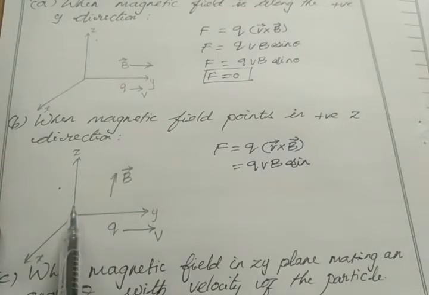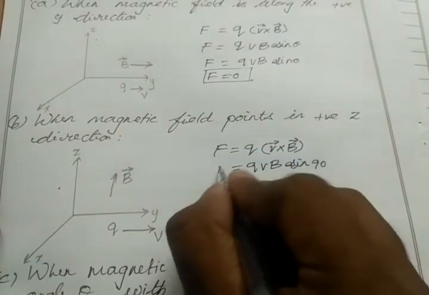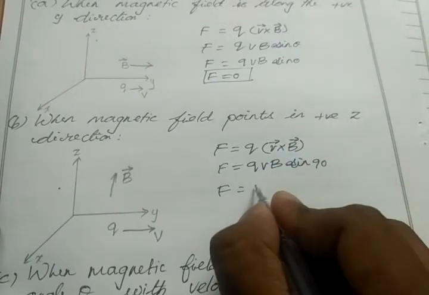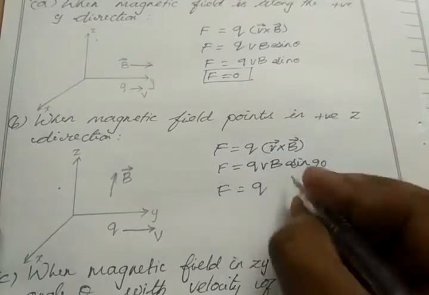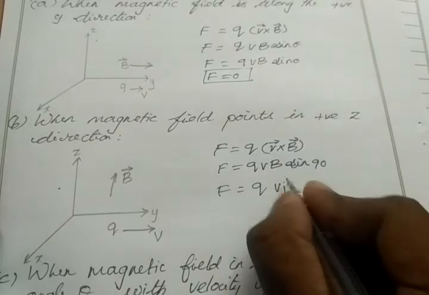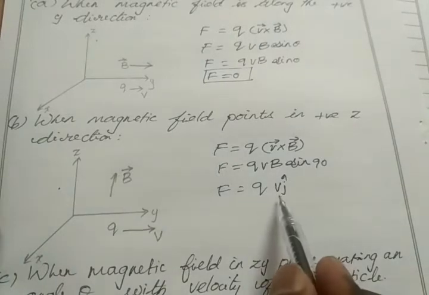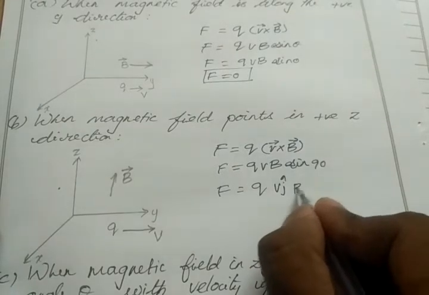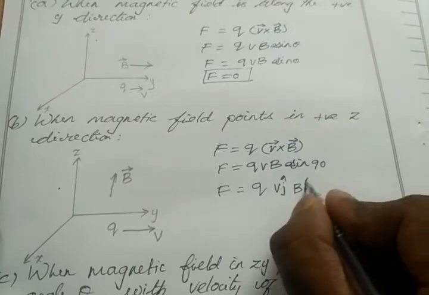So the angle between these two axes is 90 degree. Okay. So if I substitute sine 90 here, I get F equal to Q. I can take my velocity, velocity is in j axis, positive y axis, so I take j vector. And magnetic field is in z axis, so I can take k vector.